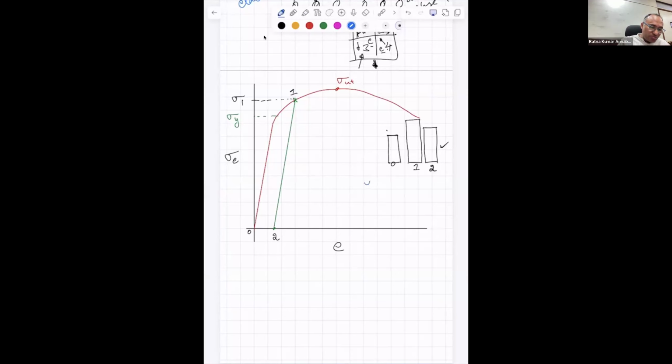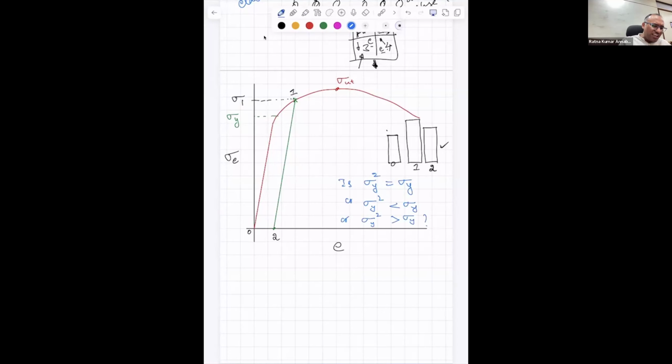Whether the specimen 2's yield strength will be the same as the yield strength that I have measured originally, or specimen 2 yield strength is less than sigma y, or greater than sigma y. What is your assessment? It will be less than sigma y. So let me draw this picture.